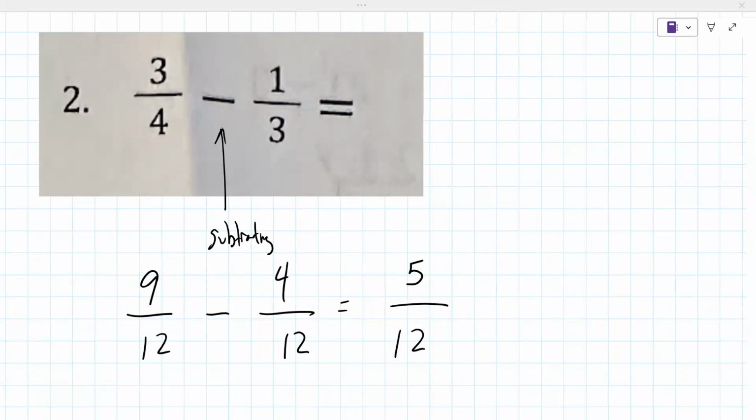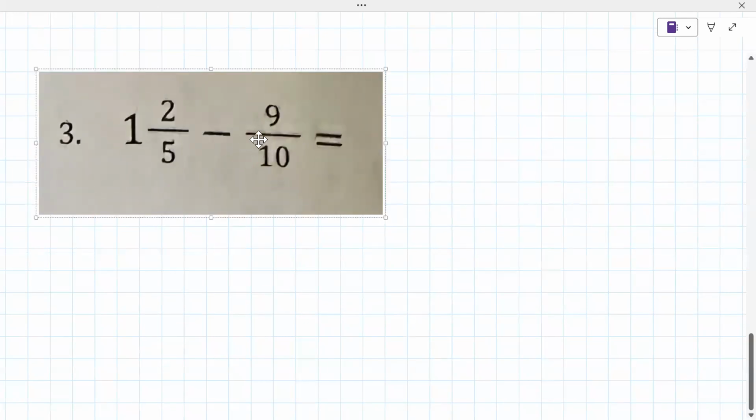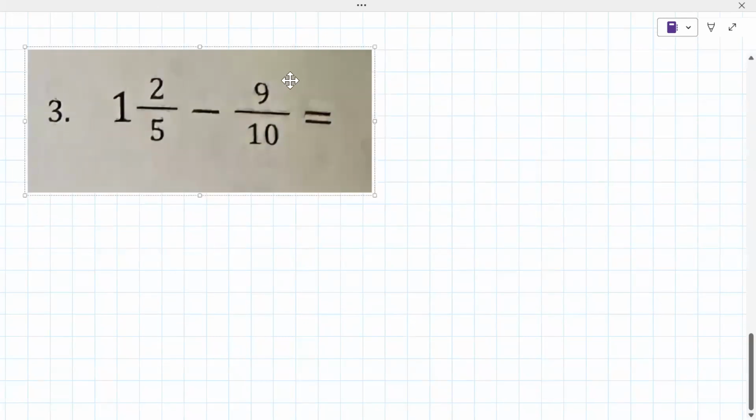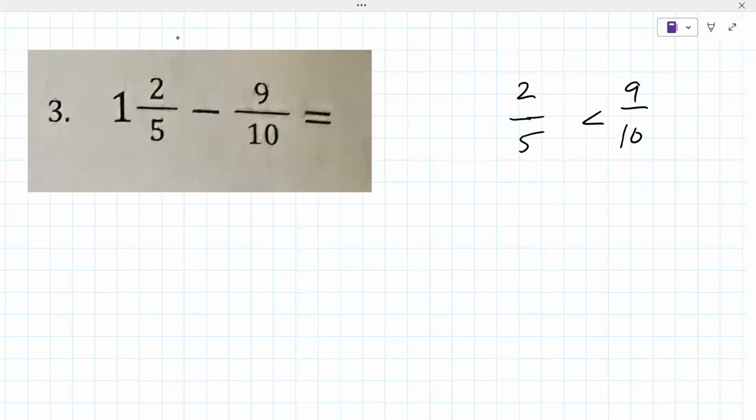Okay, so three is a problem that we did a lot of last year. It was on one of those retakes where we went over this over and over again. There's a couple of ways to do it. The first thing is you have to figure out, is 2/5 less than 9/10?